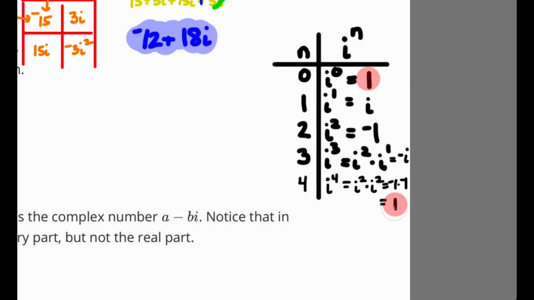And it always goes in that order. It goes i to the 0 is 1, then i, then -1, then -i, then 1 again. And if you keep going, 5, 6, 7, 8, at 8 it's also going to be equal to 1. i to the 8th power is equal to 1. So we're going to use this fact that any 4th power based i is always going to be equal to 1, and we can solve any of these problems with it.